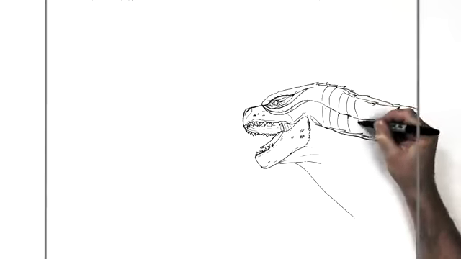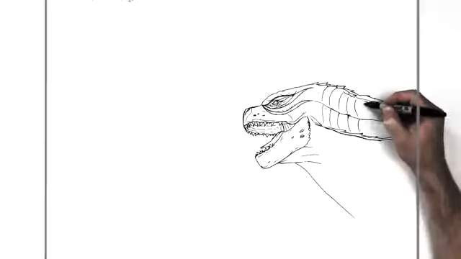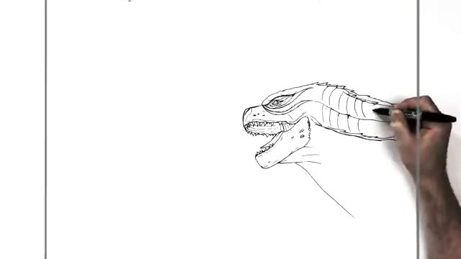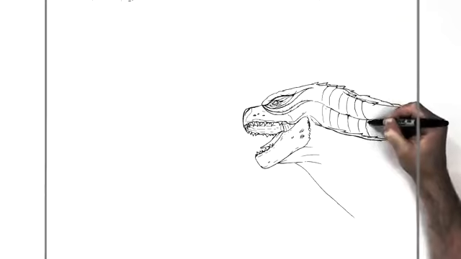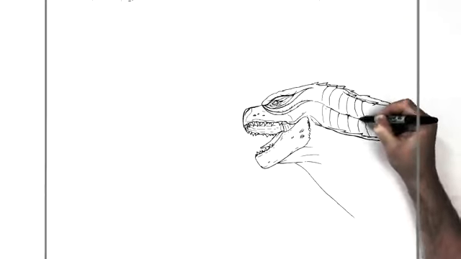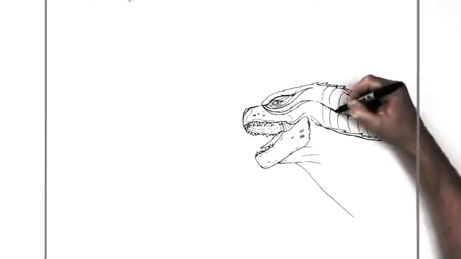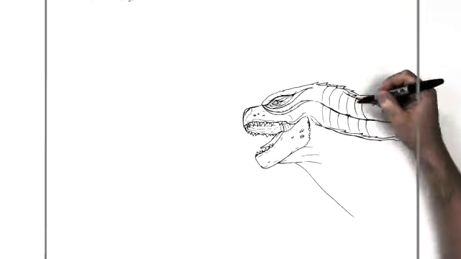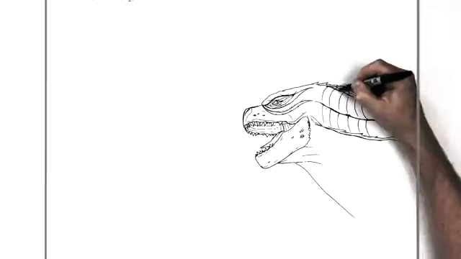You know, just coming down like this. And I'll maybe add a bit of a shadow to this middle line, just make it a bit thicker. Maybe here as well.